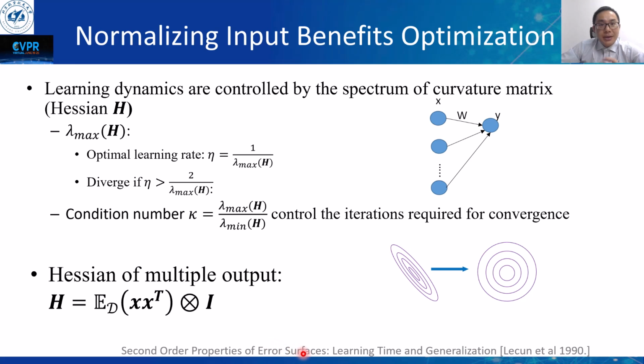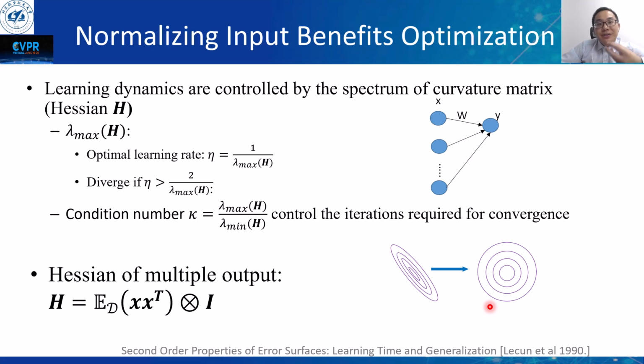If the Hessian is an identity matrix, which can be obtained by whitening the input, gradient descent can converge within only one iteration. Therefore, normalizing the input can surely accelerate convergence during the optimization of linear models.